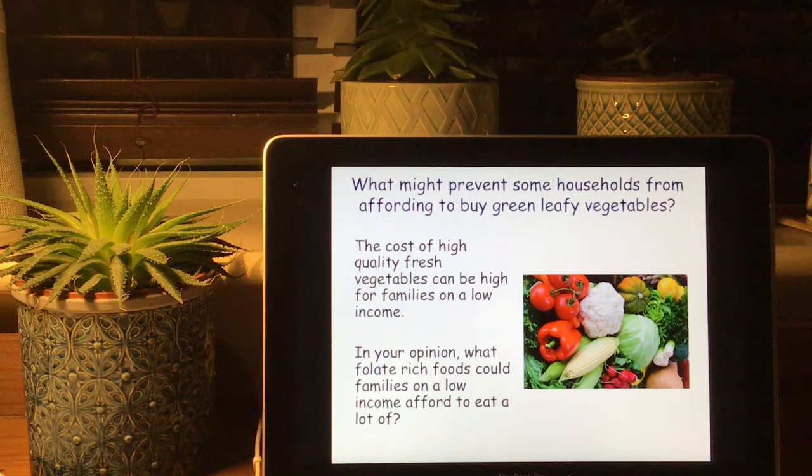And if there's a lot of mouths to feed, this poses financial challenges. What solution do you think there is to not being able to buy, say, fresh, dark green leafy vegetables all of the time? An answer to this question would be to buy frozen spinach, which is quite cheap and it's frozen when the vegetable is very fresh.